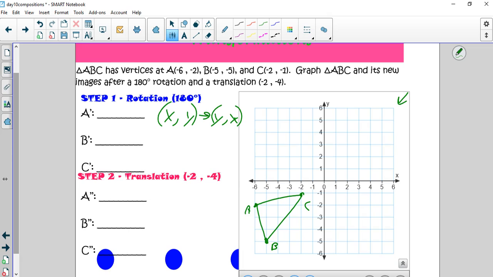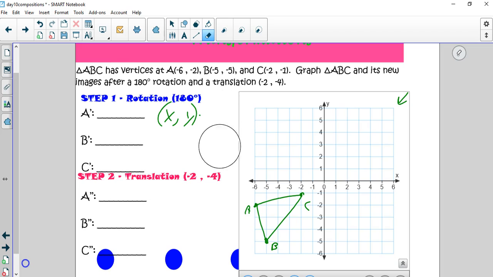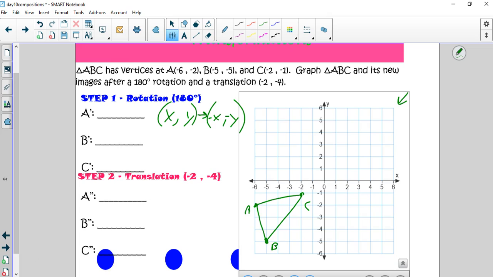So A prime is going to be negative 2, negative 6. Which doesn't make any sense at all, which is why I should double check my notes, because like I said, I use the notes too. With this, we just make both of them opposite. There is no exchanging.